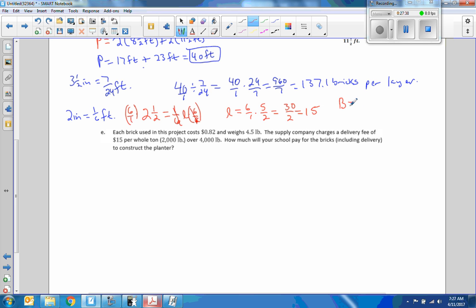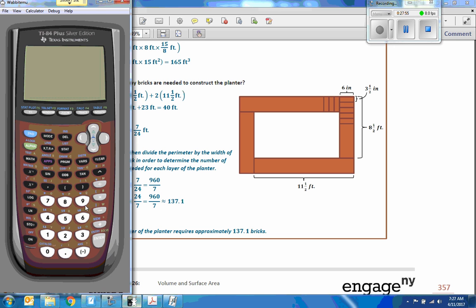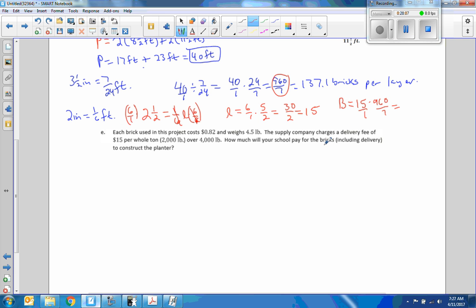So bricks is going to equal layers times number of bricks per layer, which is 960 over 7, which is going to equal 960 times 15, which is 14,400 divided by 7.